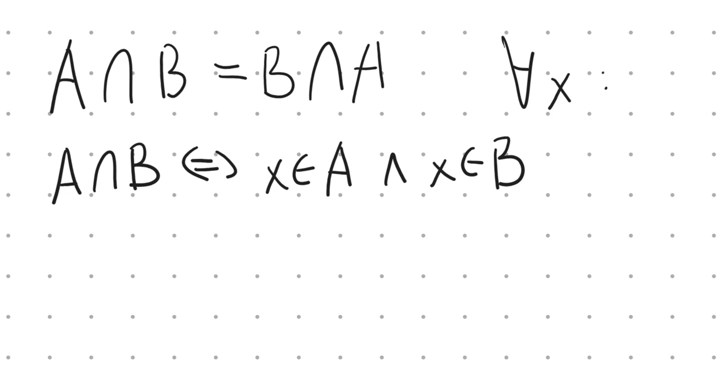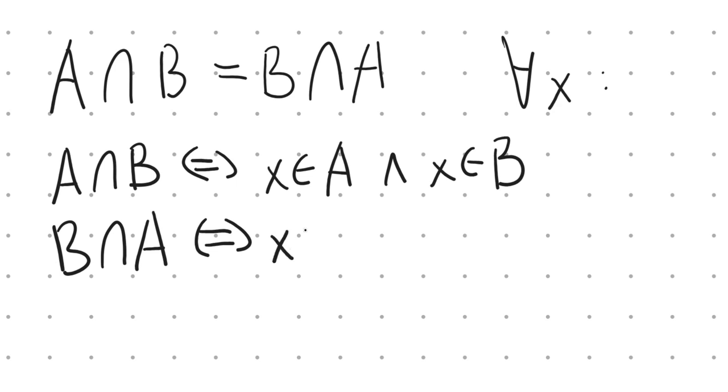And the same thing for B intersects A, which is equivalent to saying X is in B and X is in A. Let's say, for example, X is in A only.